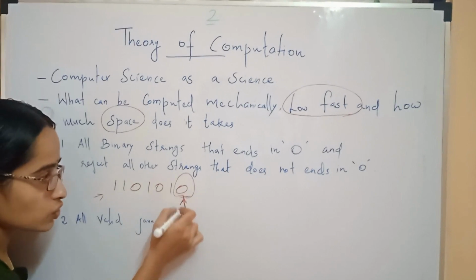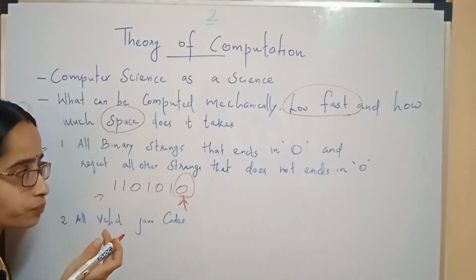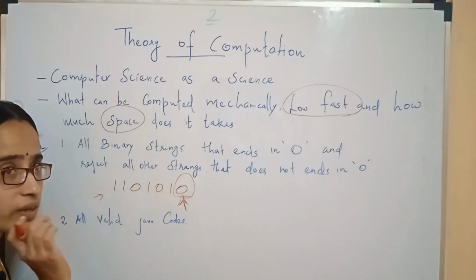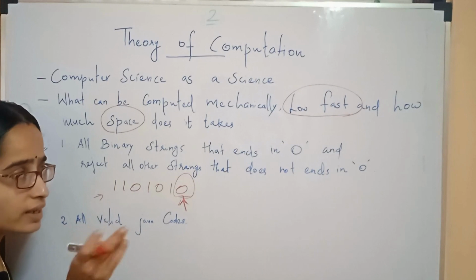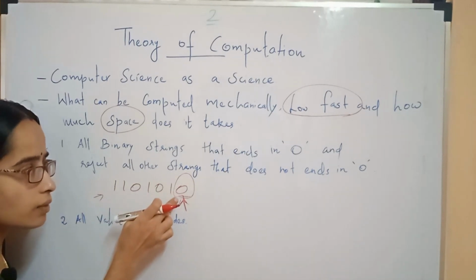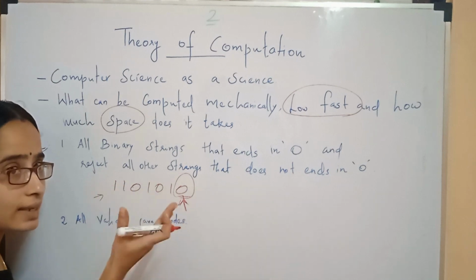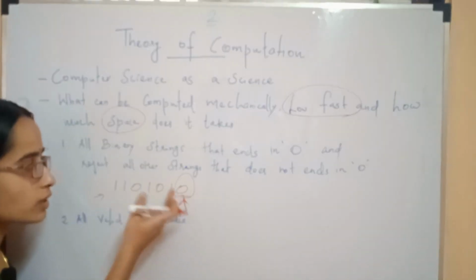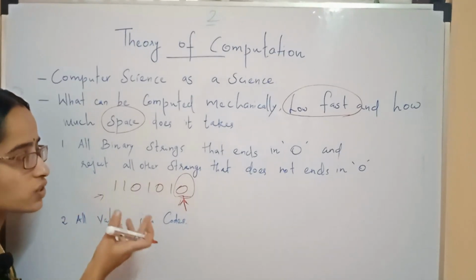If it is not 0, then in binary strings we only have two options: the strings will contain zeros or ones, right? So when the machine scans 0, it will say the string is accepted. When it is not 0, it is obviously 1, which means it should reject the string we have given.